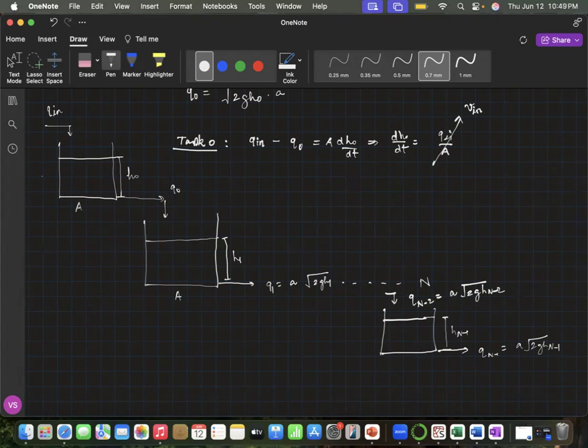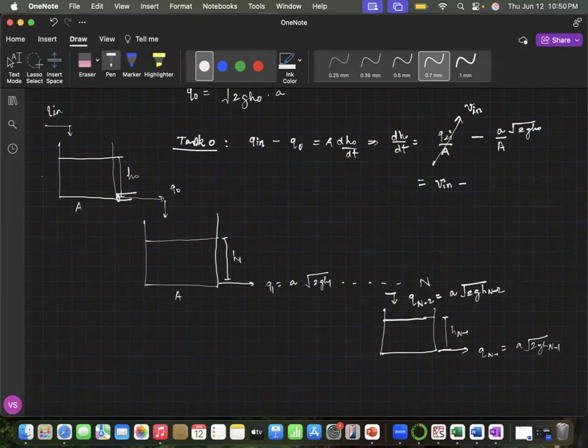And then minus q naught, which is known to be a times square root of 2g h naught, divided by capital A. So this becomes v in minus, let's name the parameter a by A as the ratio of the cross-sectional areas of the outlet pipe to that of the tank.